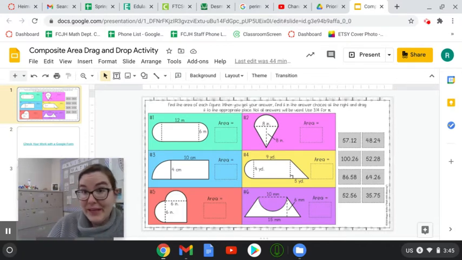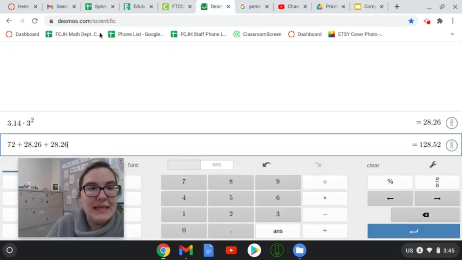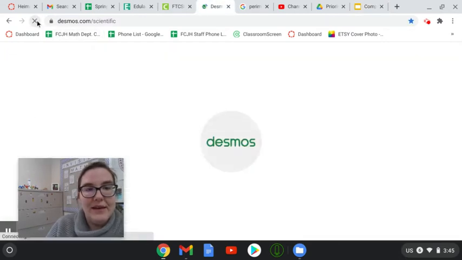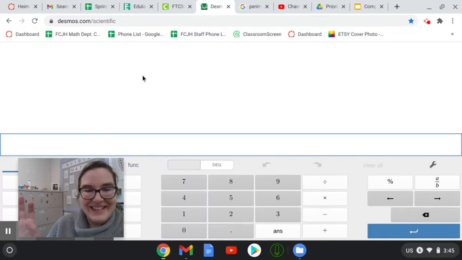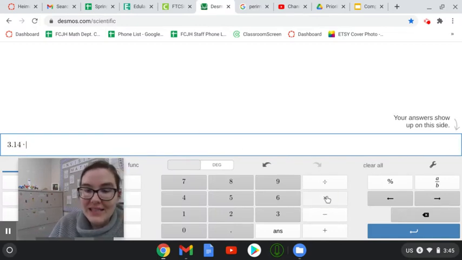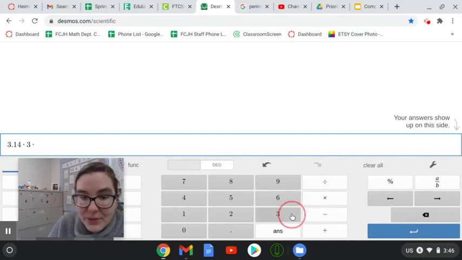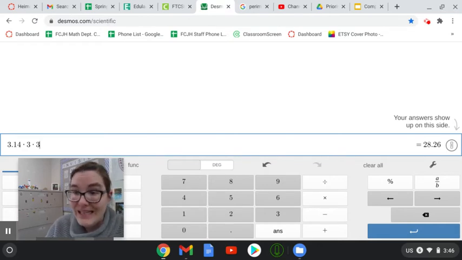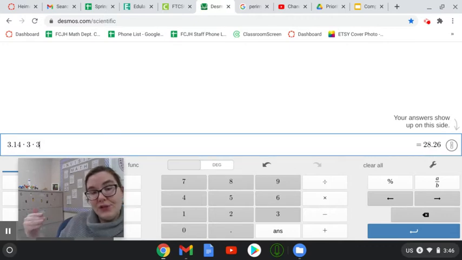All right, let me go ahead and switch over to Desmos. Let me clear it. Here we go. 3.14 times 3, and then times 3 again, because that's what it means to square, to multiply by itself. And that is the area for a full circle.